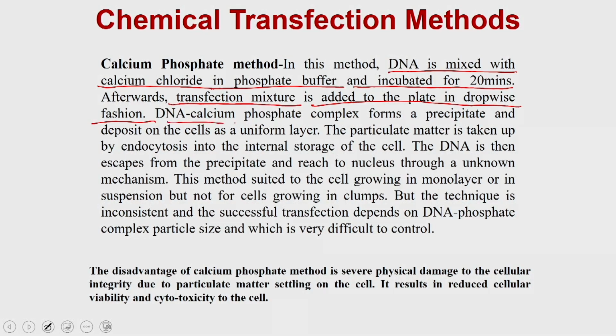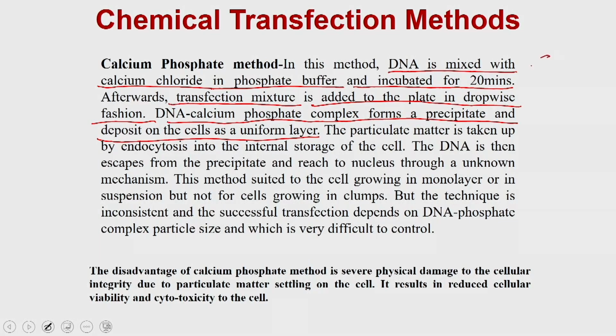So, the DNA calcium phosphate complex forms a precipitate, which means it is going to form a macro structure or macro size particles, and these particles will slowly settle down onto the monolayer of mammalian cells which you have on the plates, and they will deposit onto the cells as a uniform layer.